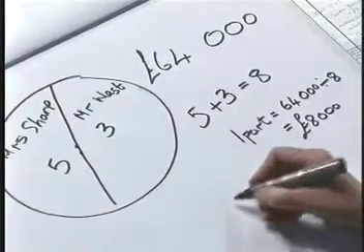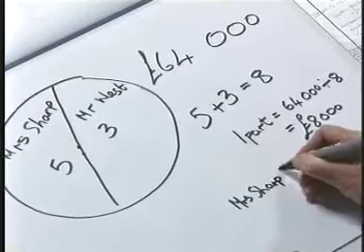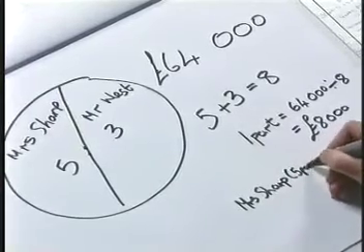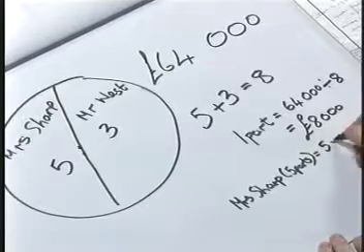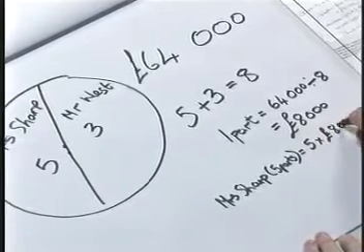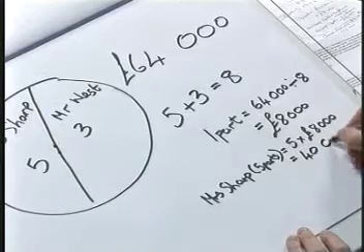And then the rest is easy. All we have to do now is take Mrs. Sharp, and she has 5 parts, and that is 5 multiplied by £8,000, which works out to be £40,000.